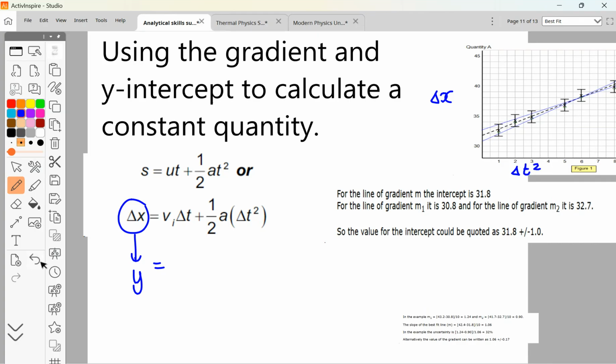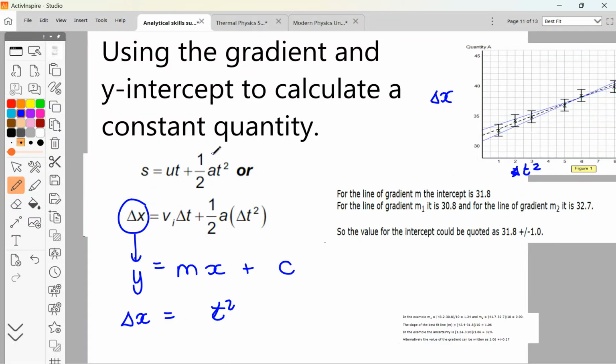The delta for t is not really needed, so you can just say t squared. We've plotted t squared there. So that means in your x position, if we go y equals mx plus c, I need to change this equation into that format. So this will be delta x is equal, on my x-axis, I have now plotted t squared. We can also use the first equation, it doesn't really matter.